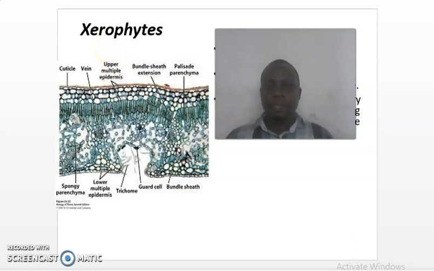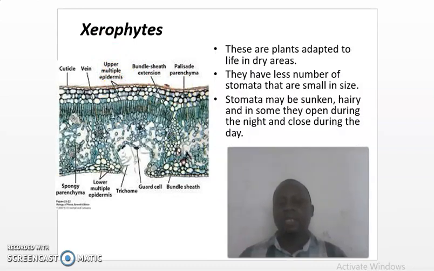Okay? Let us now summarize how stomata are distributed in xerophytes. We have said xerophytes are plants that are adapted to life in dry areas. These are plants that grow in dry areas. They have a lesser number of stomata, that is, their stomata are fewer in number and also small in size.